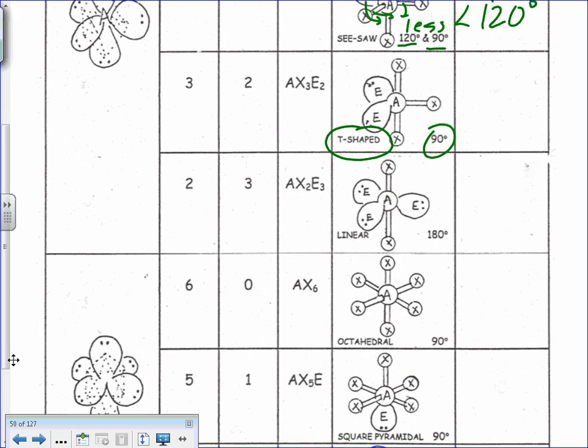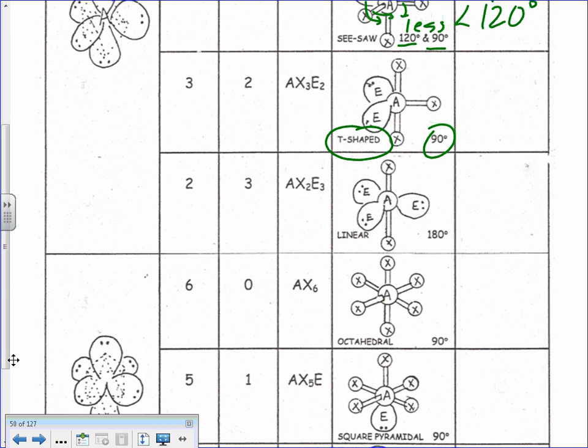So take off another one. Where do you think it's going to be removed from? Axial or equatorial? Again, equatorial. In this case, it doesn't matter because everything's at 90. But if you take off the equatorial, it actually does alleviate some of the repulsion in the middle because you'll have 3 lone pairs in the middle where they'll get to spread out 120 from each other.